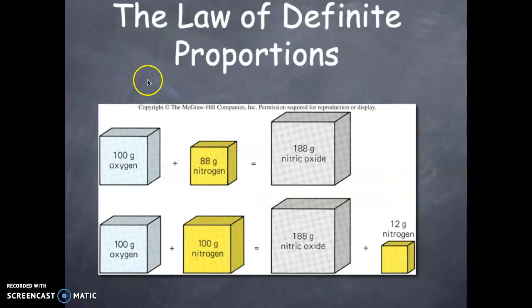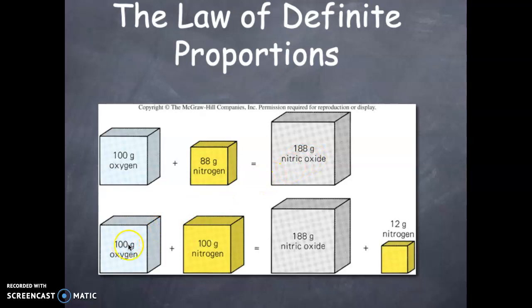Now, this important law of definite proportion. What is it and why is it important? Here's a case in point. If one takes 100 grams of oxygen and combines it chemically now with 80 grams of nitrogen, you will get exactly 180 grams of nitric oxide. Notice now, 100 plus 80 equals 180.